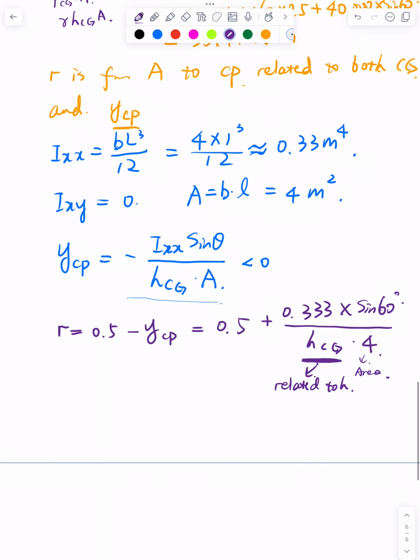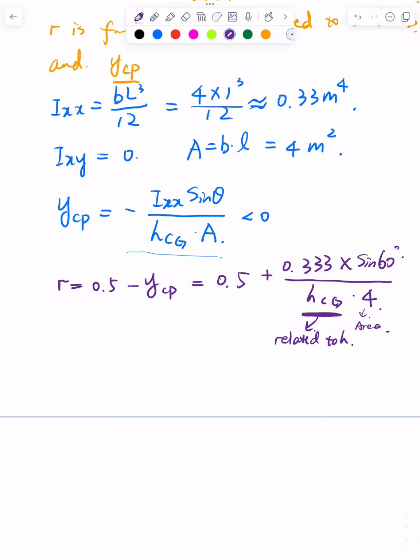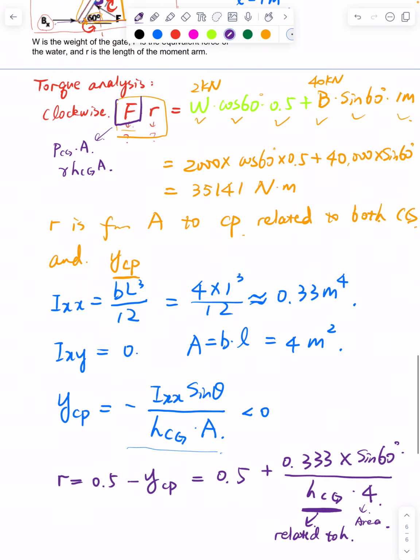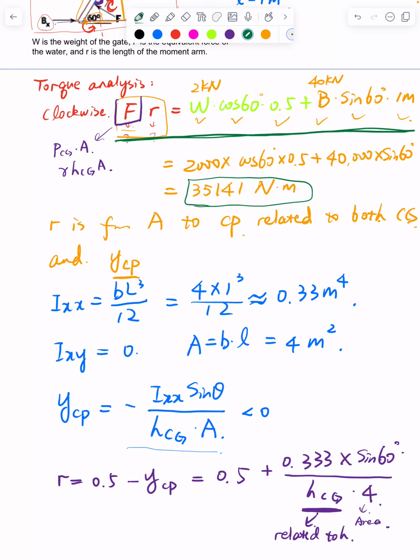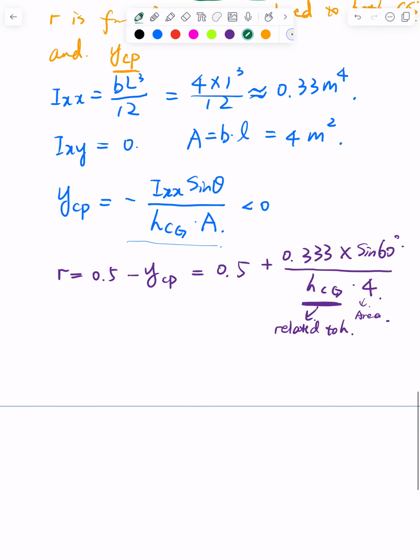So for this equation, we go back to the original equation here. Let's reevaluate it. On the right-hand side, we can do the calculation and we know the exact number. On the left-hand side, both F and R are related to HCG. R, we show here, is related to HCG too.